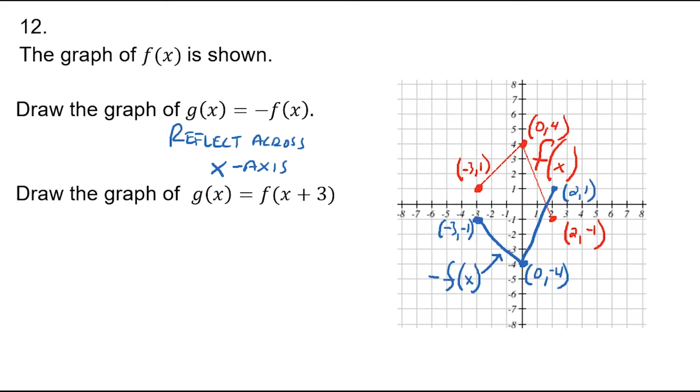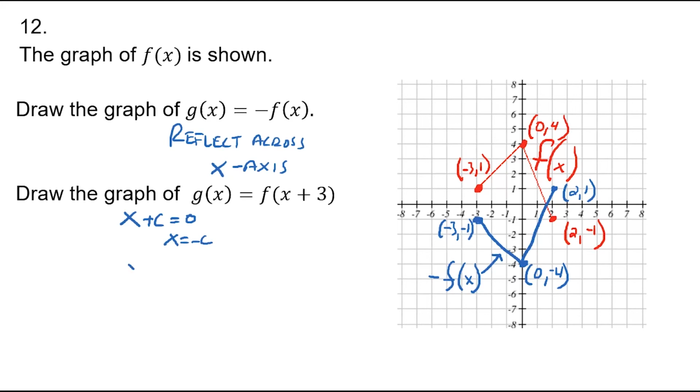Now for the second part of this question, we have f of x plus 3. Now we're adding a constant to the inside of this function, so you remember that the general equation would be to take x plus c, set it equal to 0, and then solve for x.